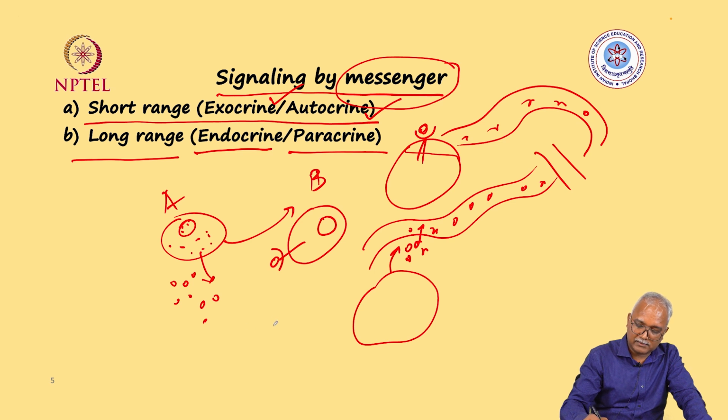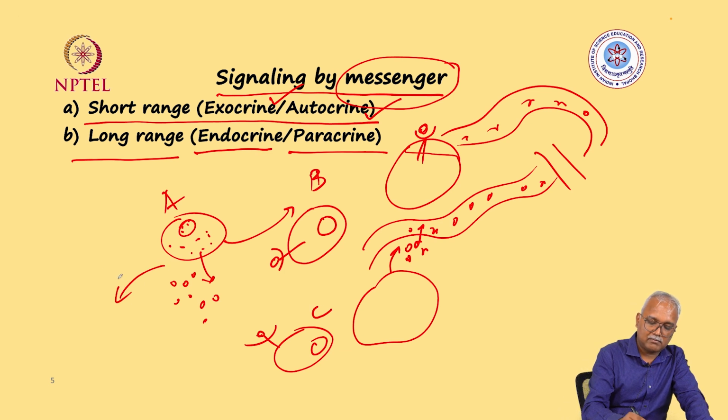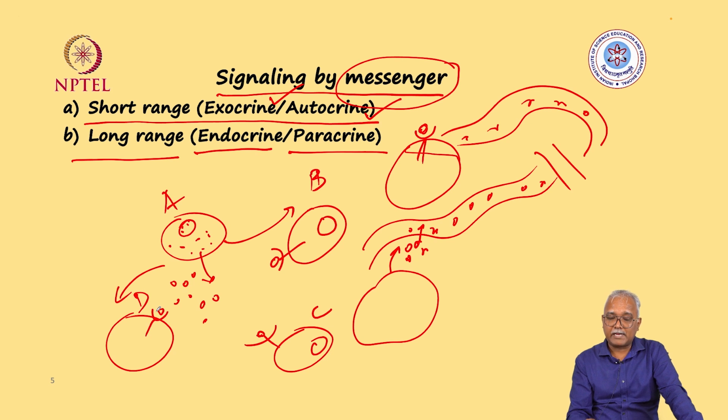Then you can have another cell at a little far off distance, which will signal to this and go. Suppose this is cell C and this is cell D, which also has the receptor for that. So basically what is happening here is that you will be producing the signal which will be traveling a certain distance to ensure that signaling aspects are met.